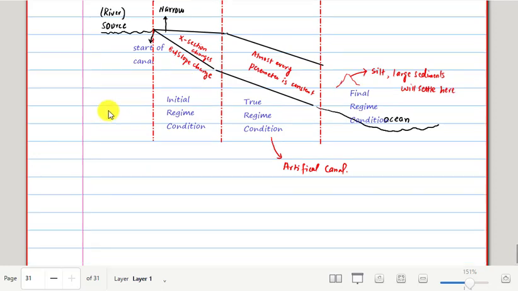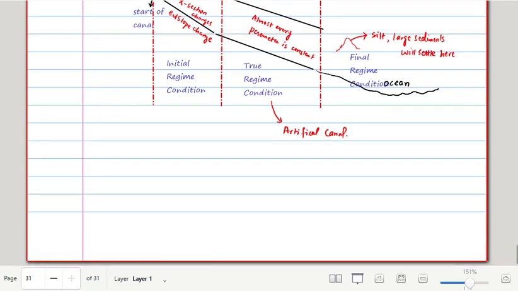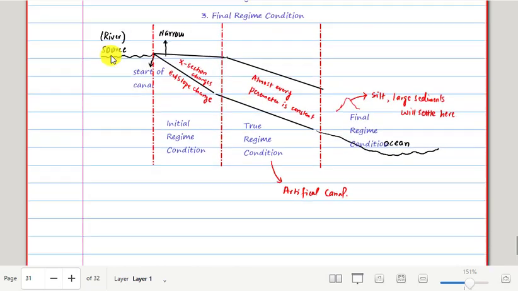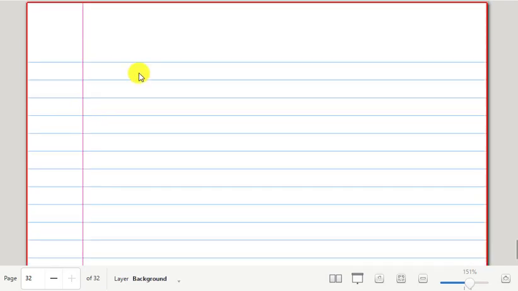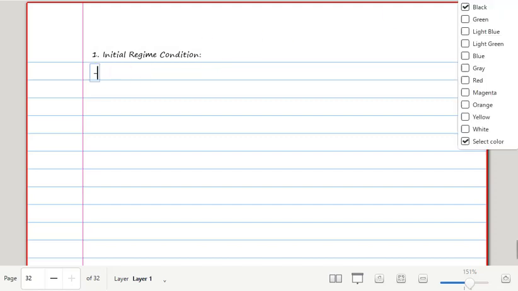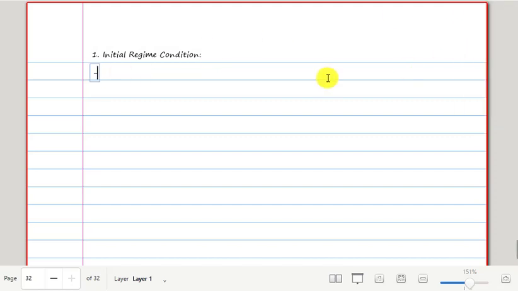So let's try to write down important points for all these three conditions. The first one is the initial regime condition of canal. Write down these important points.